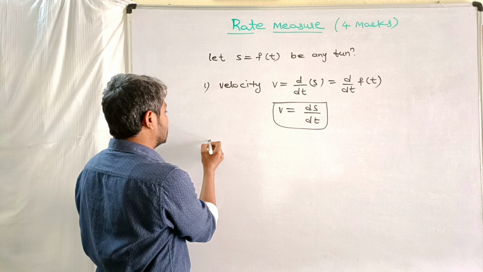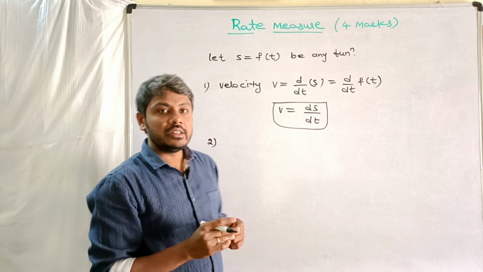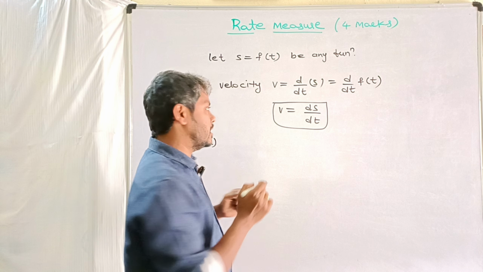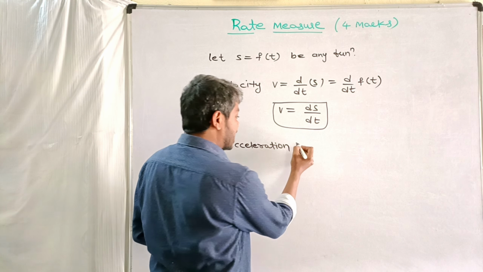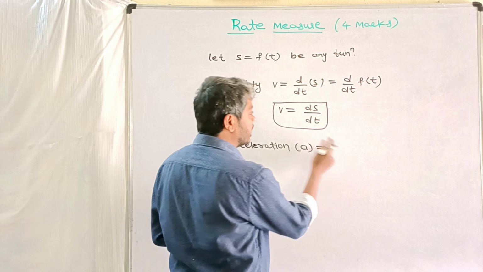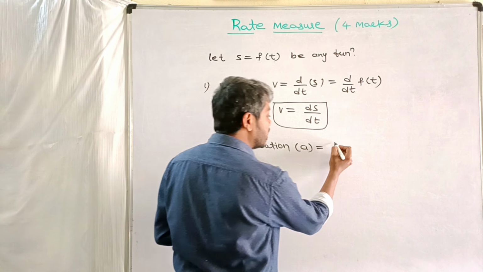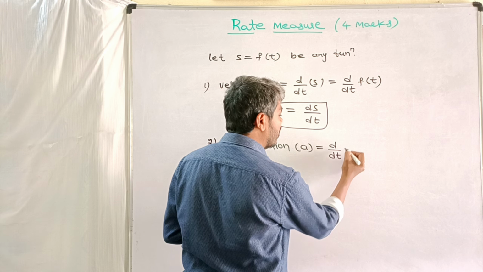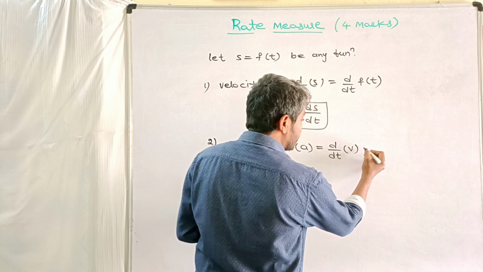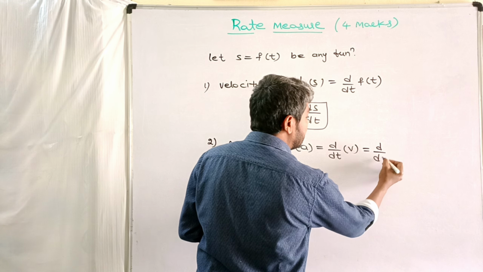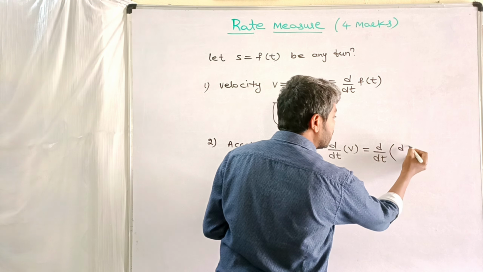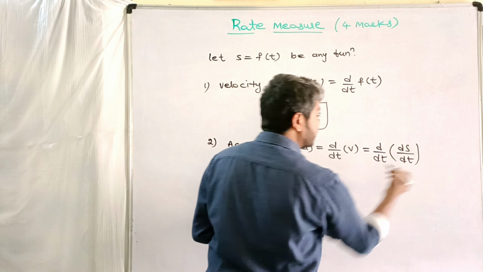So next, the second one. The rate of change of velocity is called acceleration. Acceleration is denoted by a. So a is the rate of change of velocity, that is d by dt of v, which means d by dt of ds by dt.